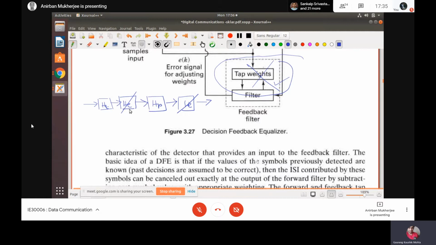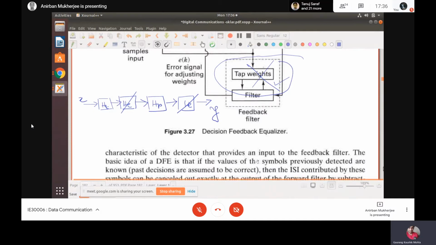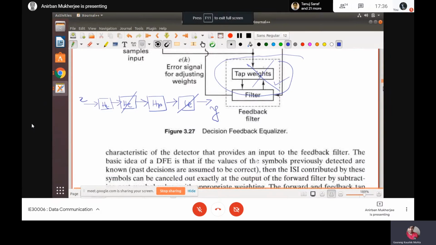So I have HT and HR, this is X, this is Y. So I don't have any, and this HT and HR means this cosine. So I don't have any ISI problem. Okay. So this is about the transmitter.